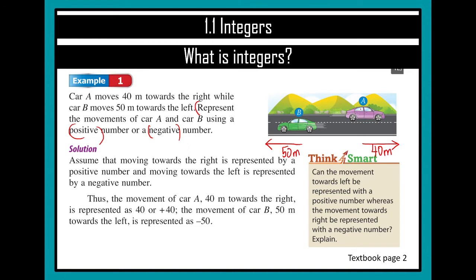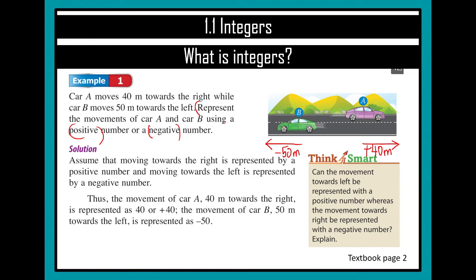Alright, so the pink car A moves to the right side, so it is a positive 40 meters. And then for car B, it is moving towards the left side, so it's a negative 50 meters.